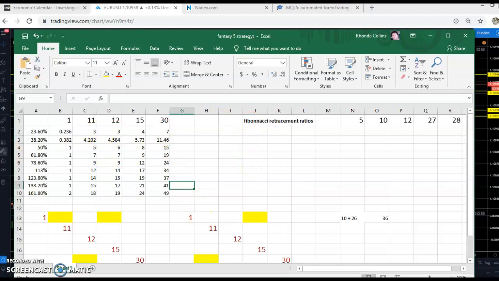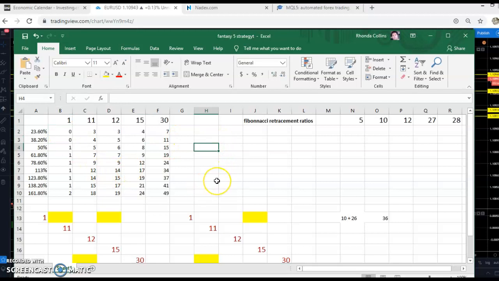And I forgot this row. This would be 11. This would be 6. This would be 5. This would be 4. And this would be still 0. Here would be a 0.